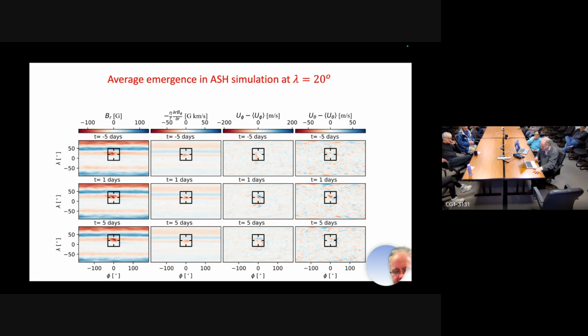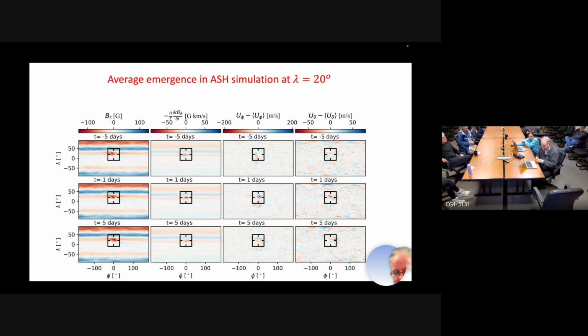I did not discuss the meridional circulation in this talk, but meridional circulation is one possibility for moving, well, it certainly moves the flux at the surface from the equator towards the pole. What causes the return of the butterfly wings, the latitudinal propagation towards the equator, is more ambiguous.